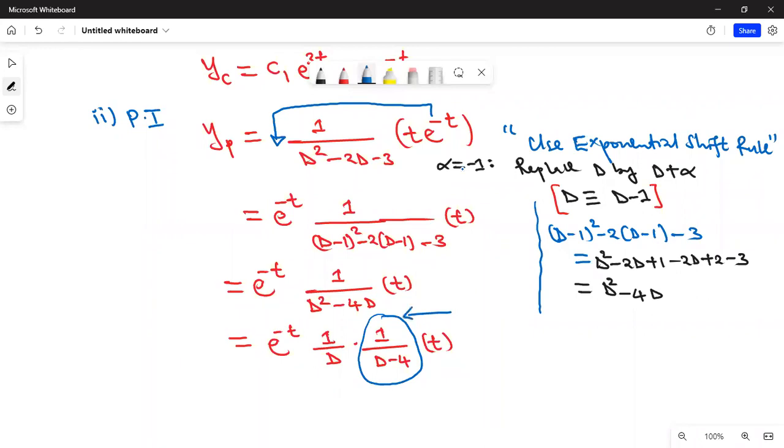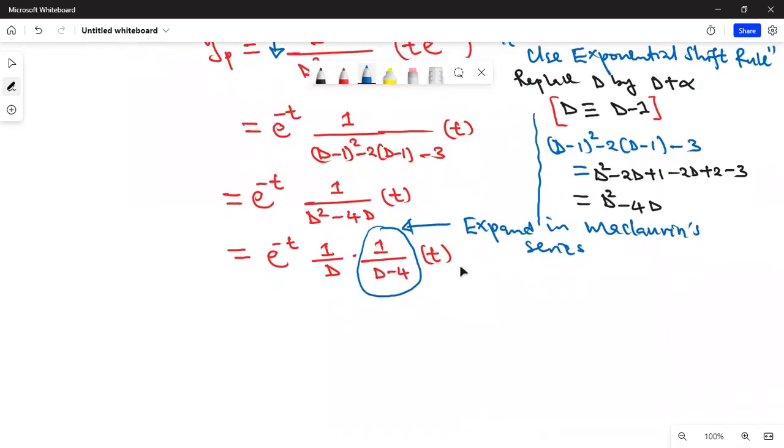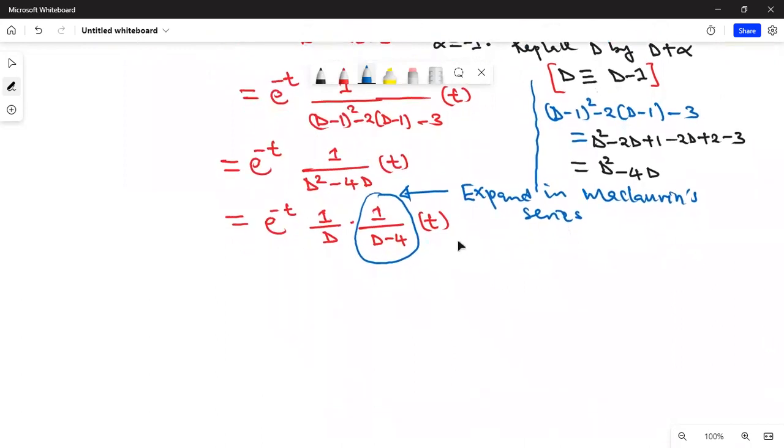So right here, expand in Maclaurin's series. Recall the Maclaurin series expansion.